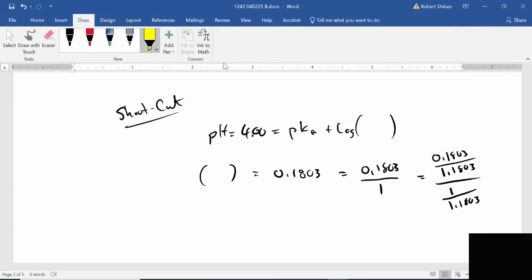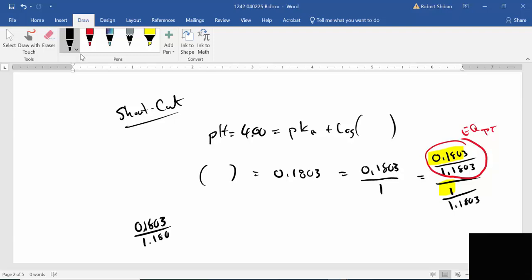So this is going to give me the ratio of 0.1803 over 1. Okay. But we call this the equivalence point here in the numerator because that's how much I've neutralized. So what that means is I'm at the 0.1803 out of the 1.1803 equivalence point. How many milliliters is that?